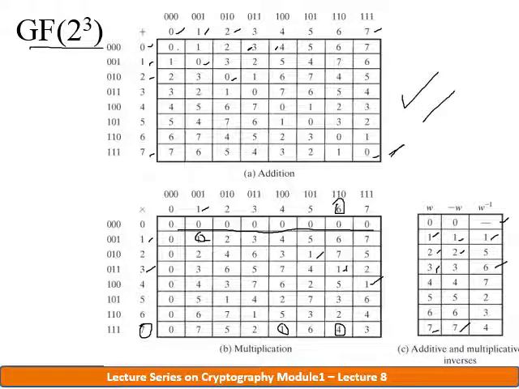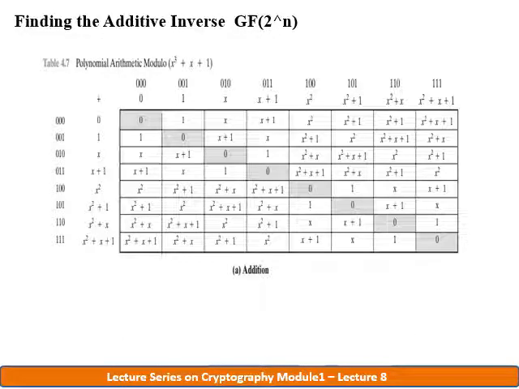By multiplying 4 with this, we get the identity element as 1. Therefore, for 7, the multiplicative inverse is 4. So this is how we compute the multiplicative inverse as well as the additive inverse. The same thing is elaborated much more in the next slide.